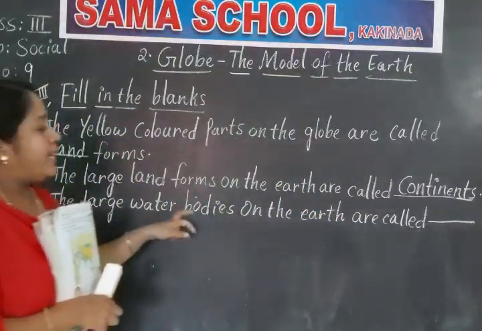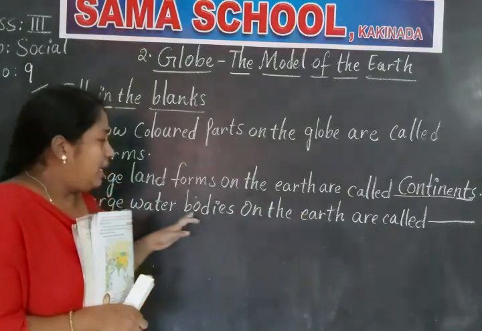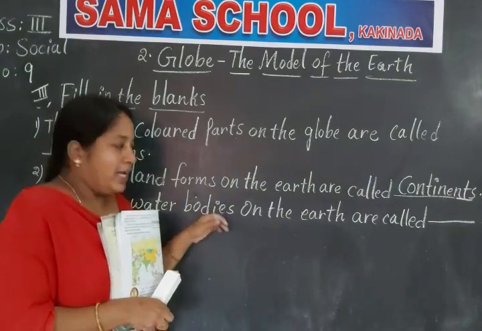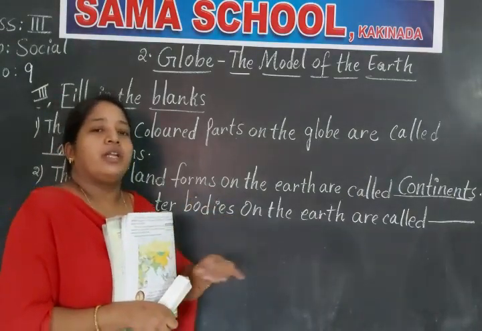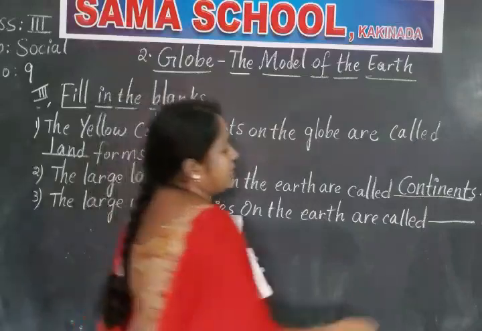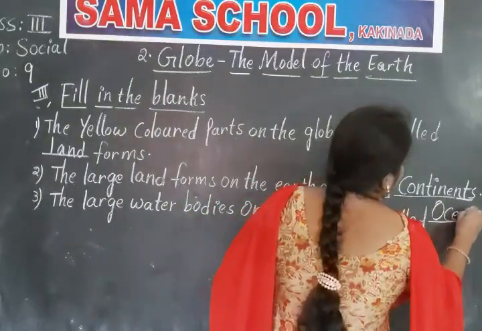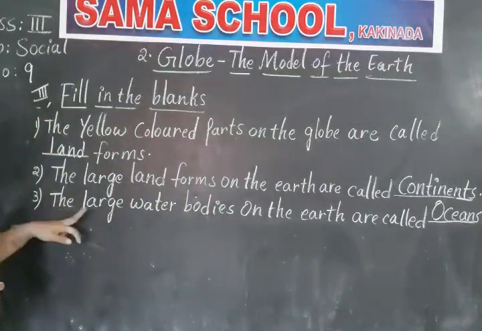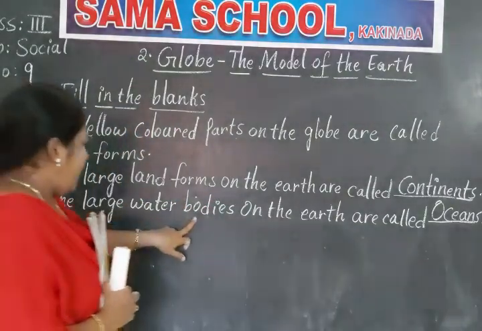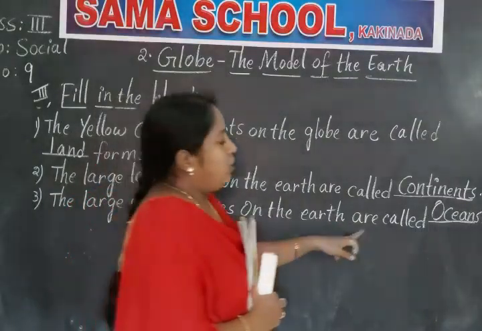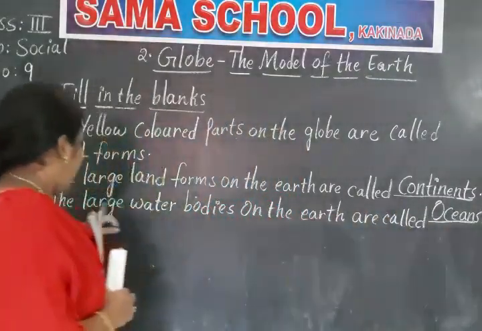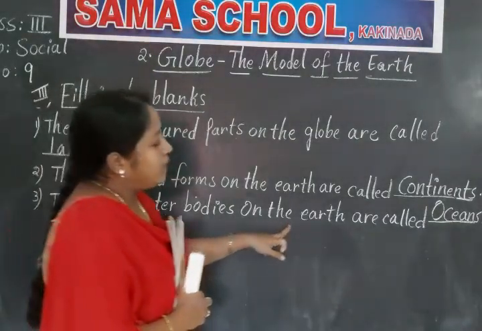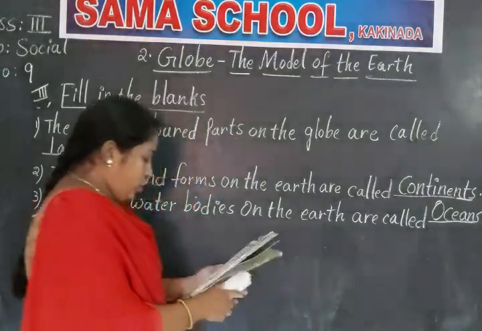And the large water bodies on the earth are called what? The water bodies are indicated by blue color, and these large water bodies are called oceans. Yes, oceans. See the question. The large water bodies on the earth are called oceans.